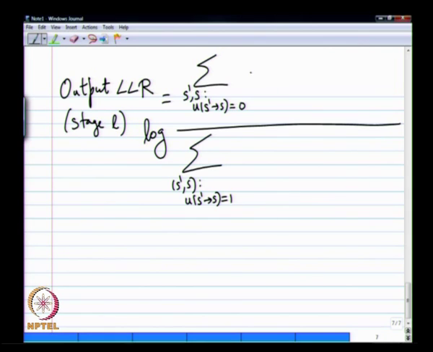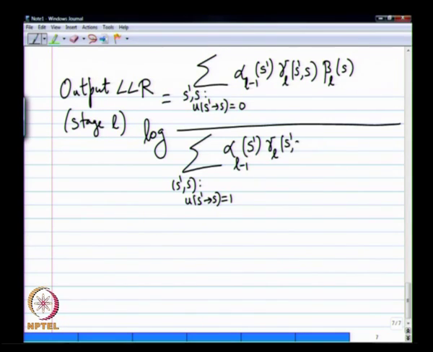What happens there is you have an alpha term, a gamma, and a beta term. So let us write that down. There is going to be an alpha L minus 1 of S prime, gamma L S prime S, and then beta L S, in both numerator and denominator.